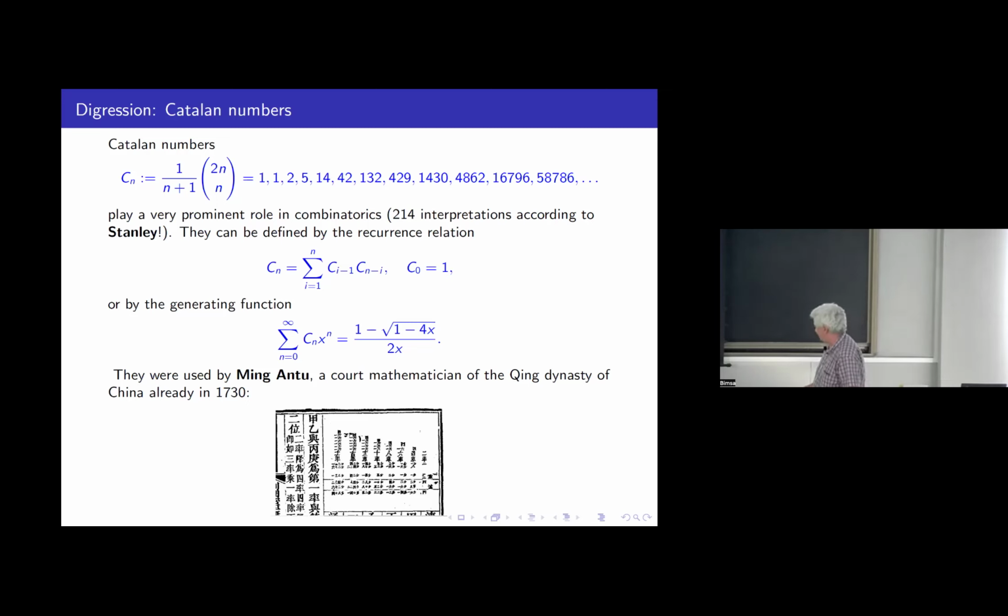My PhD student confirmed that this is correct, I mean, the first numbers are precisely these. So this is from a real book. You never know whether it was the first, but at least it's about 100 years before Catalan.